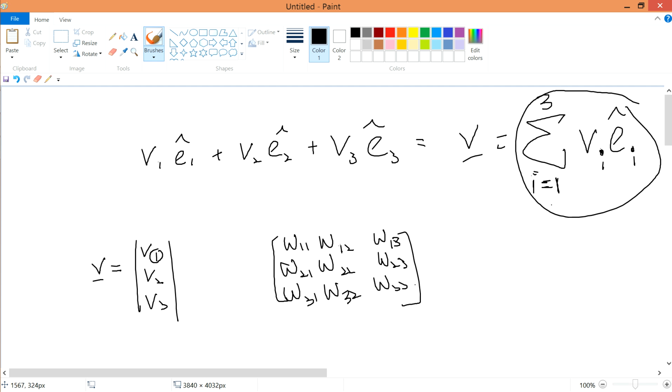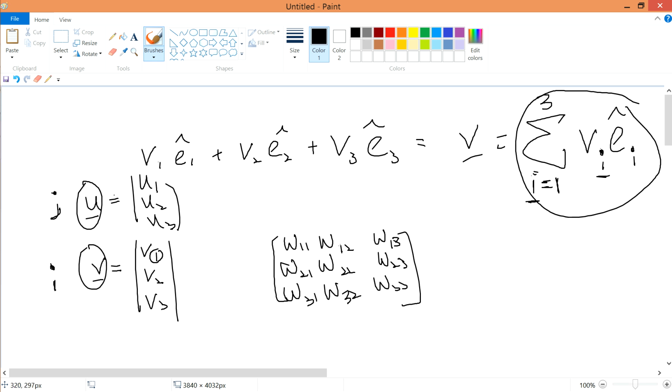Therefore, what is i? In this section, this i belongs to v. Now what if it's the vector u? I have u1, u2, and u3. In such a case, v is some representation of i, so we can represent u in terms of j.